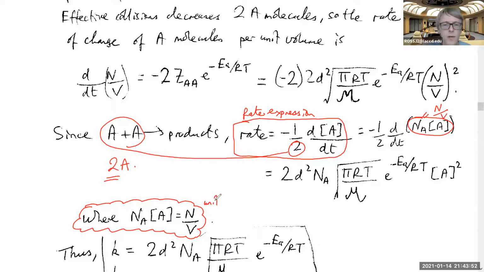We've got Avogadro's number, which is 1 over mole, and then molarity is mole per liter. So we've got 1 over liter, or 1 over volume, which, if you look at our earlier calculation, we calculated in reciprocal meter cubed. So we know it's a volume. Okay, hopefully that makes sense.